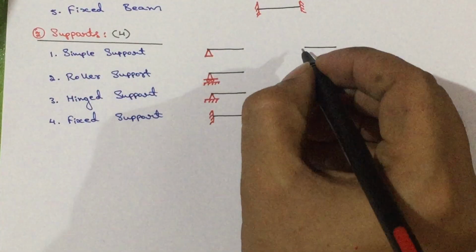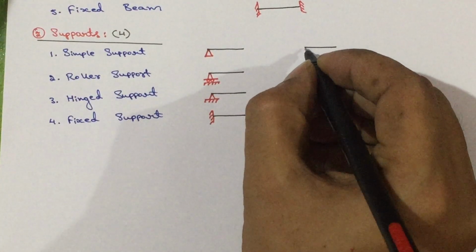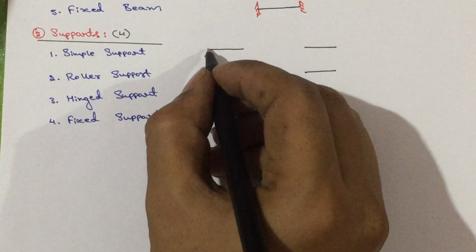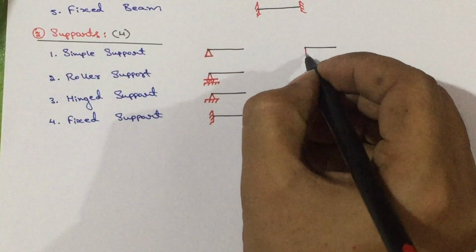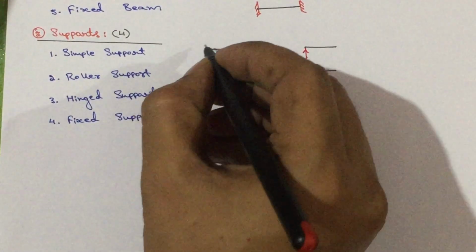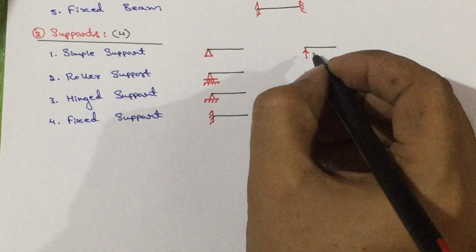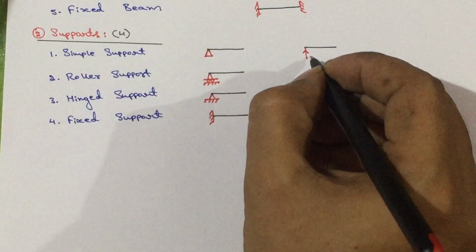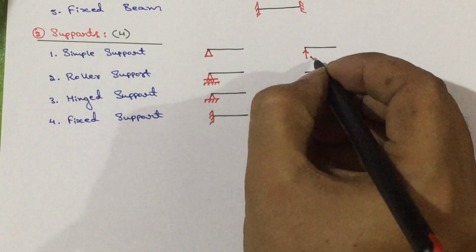Simple support will be having a single reaction that acts perpendicular to the plane. This is the plane. To this one it will act perpendicular. So if we consider this point as A point, then it will be RA, or we call that one as VA.